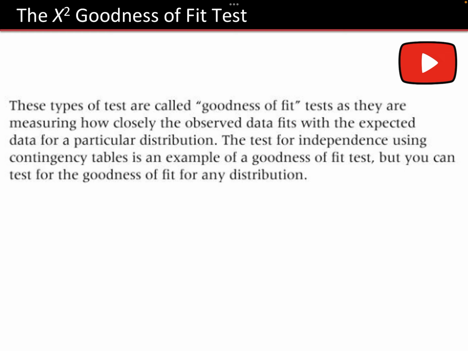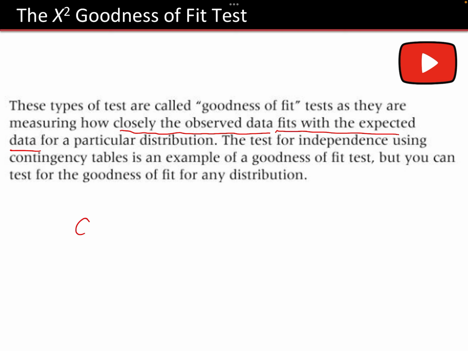So we're looking at the goodness of fit test today. Really what we're trying to look at is how close the observed data fits with the expected data. Now, the good thing about the goodness of fit test is that it doesn't have to be simply testing for independence.